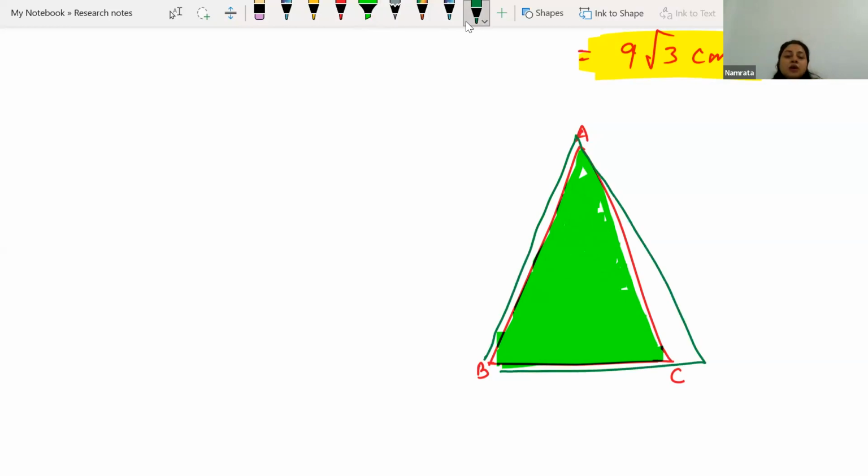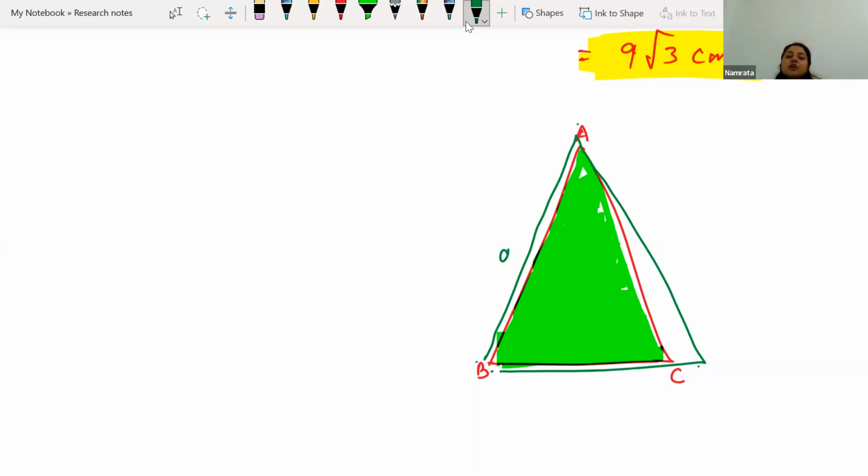If we are just going along the boundary of any shape, that means we are covering the perimeter of that shape. If here I have started from point B, gone to A, then from A to C, then again C to B, that means one complete revolution we have taken, and that means we have covered the perimeter of this shape.